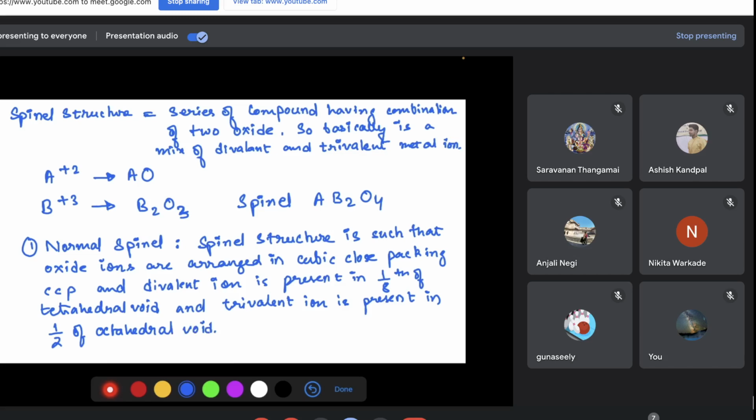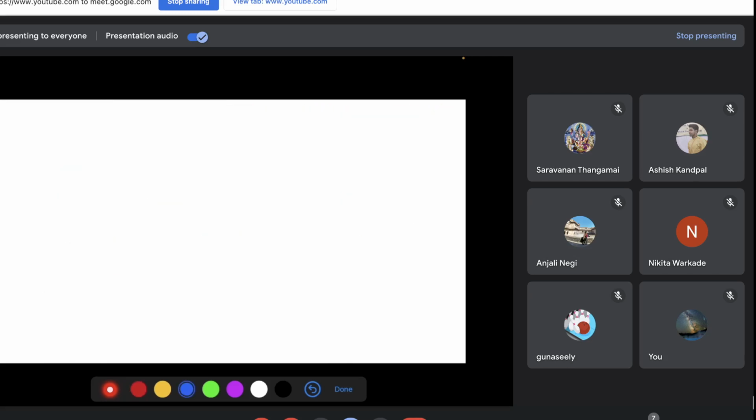We can write it as: A, which is divalent, is present in the tetrahedral void, and B, which is the trivalent metal ion, is present in the octahedral void, with O4.